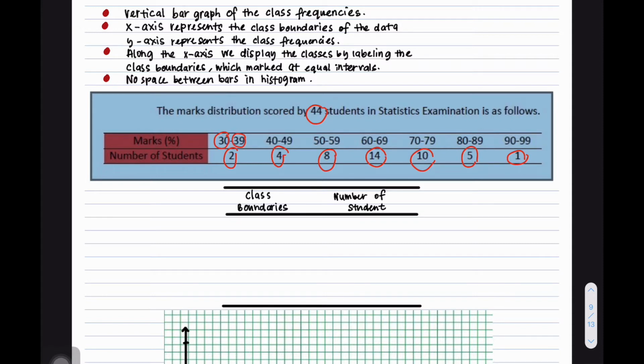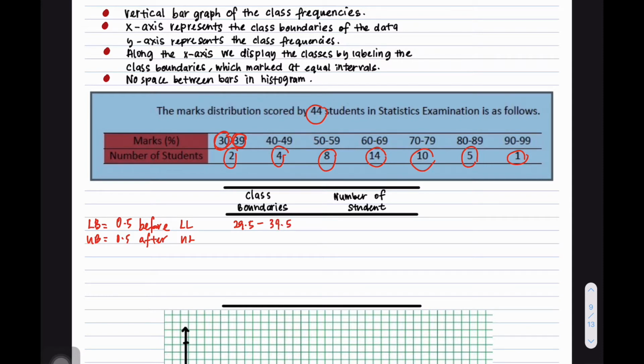You need to remember that the lower boundary is 0.5 before the lower limit, and the upper boundary is 0.5 after the class upper limit. So you have your lower limit 30 here. So 0.5 before 30 is 29.5. And 0.5 after 39 will be 39.5.